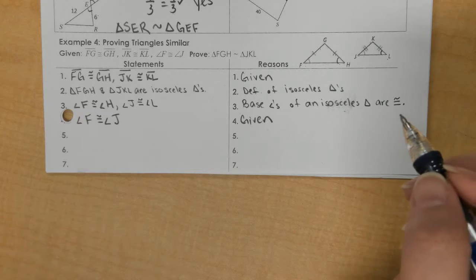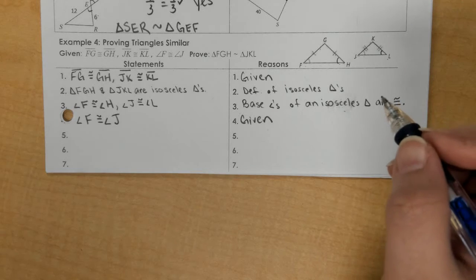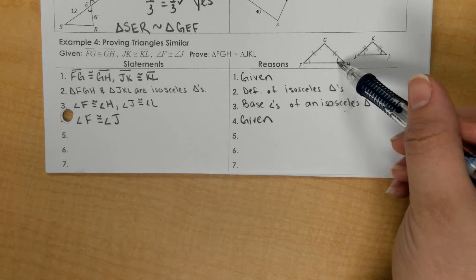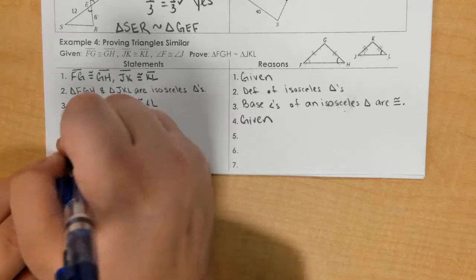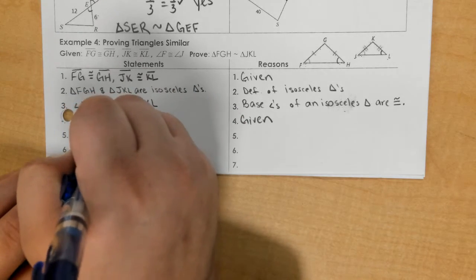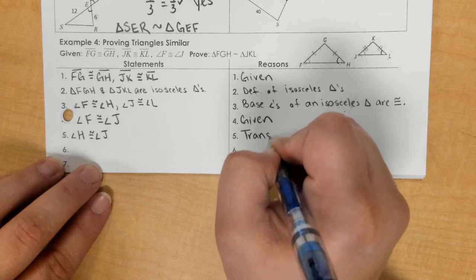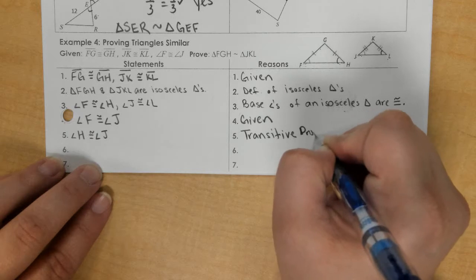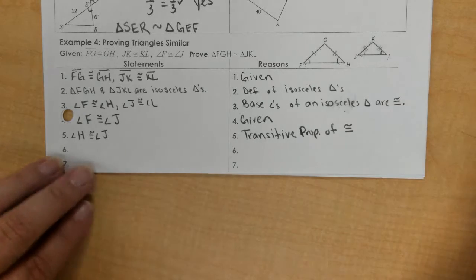Then we could also say that angle H is congruent to angle J. If F is congruent to H and F is congruent to J, then H and J are also congruent. And that's by the transitive property of equality.